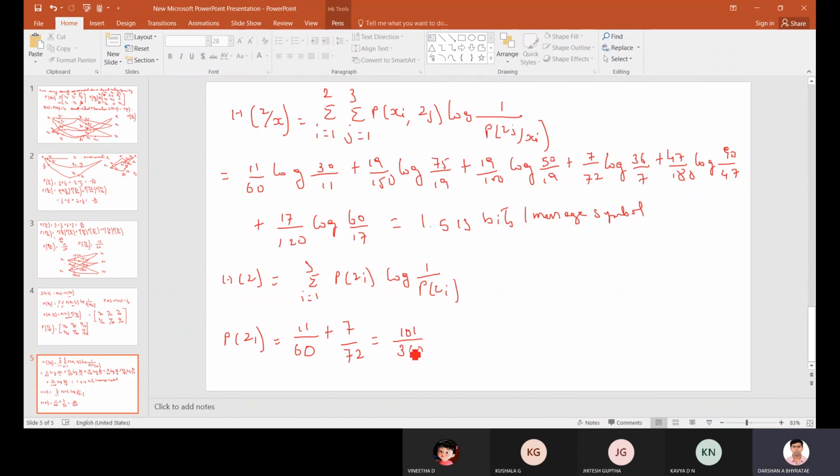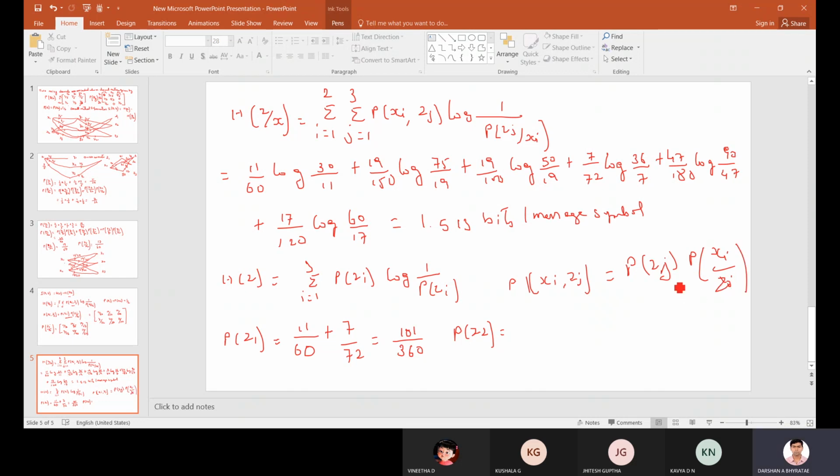Similarly we get P of z2 by using the joint probability matrix, where P of xi comma zj is equal to P of zj into P of xi by zj.